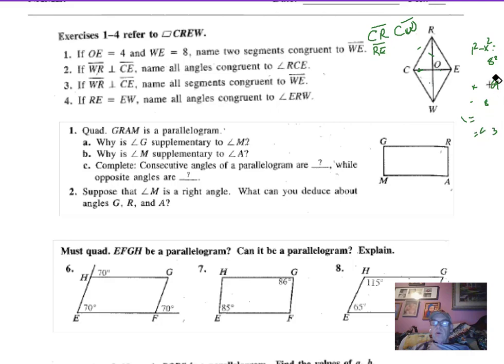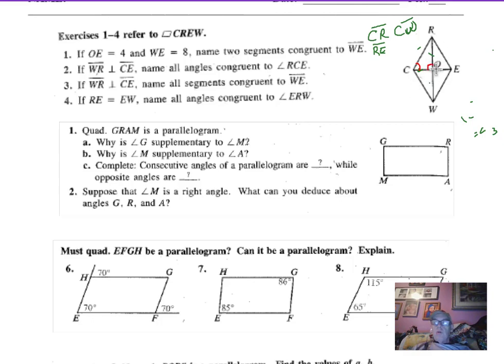We're going to do the next part of the problem. Okay, switch colors up. So if WR is perpendicular, name all angles congruent to RCE. RCE is congruent to this angle here.